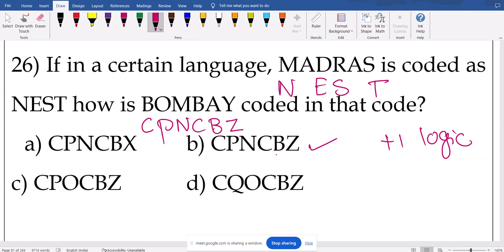In Madras, the vowels' positions, and in Bombay the vowels' positions are also the same: second letter, fifth letter. Maybe this is a typo error. I am thinking the correct logic is plus 1, skipping those vowels.